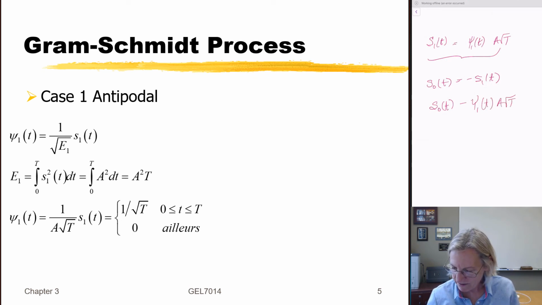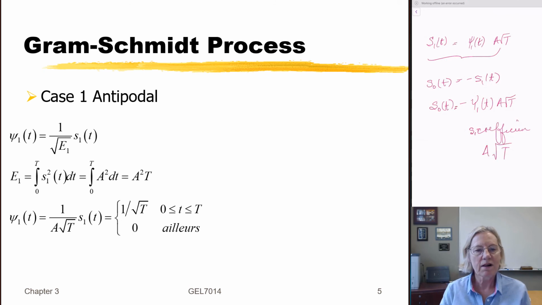So here the coefficient for this vector is simple to see. It's a square root of t. Okay, so clearly my Gram-Schmidt process has stopped because my S0 can be represented with this first basis vector.